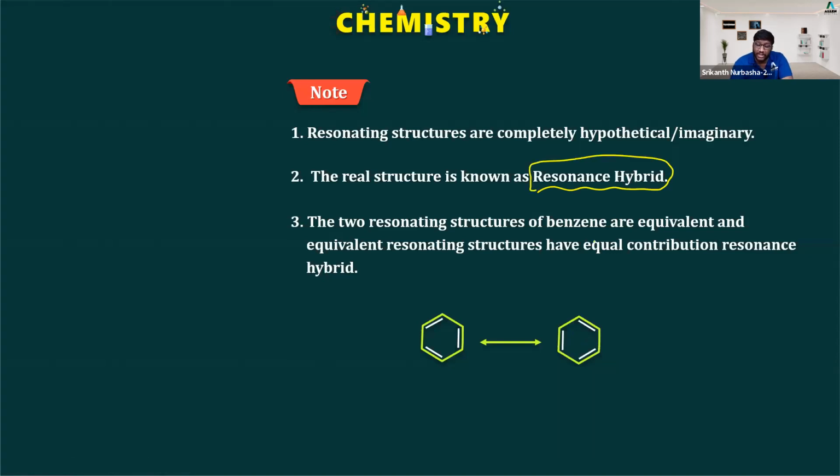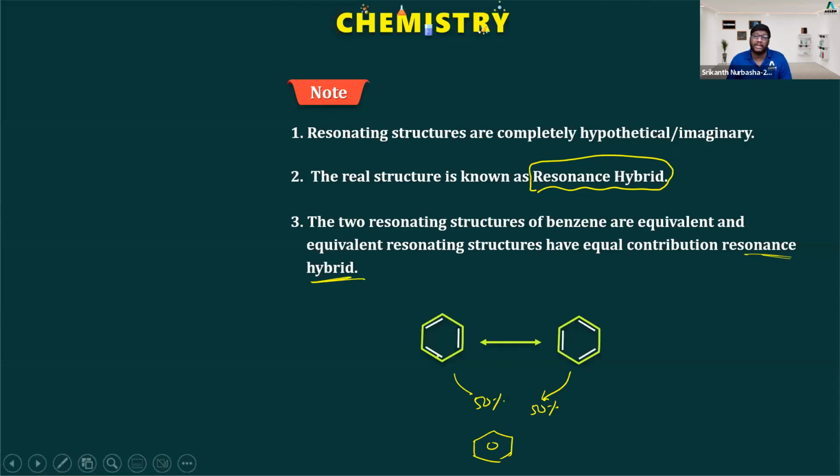The two resonating structures of benzene are equivalent, and equivalent resonating structures have equal contribution to the resonance hybrid. That means this structure will be contributing 50%, and this is also contributing 50% to the resonance hybrid. What is the resonance hybrid? This one. In this resonance hybrid, 50% contribution will be this one, and the other 50% will be this one. Why?